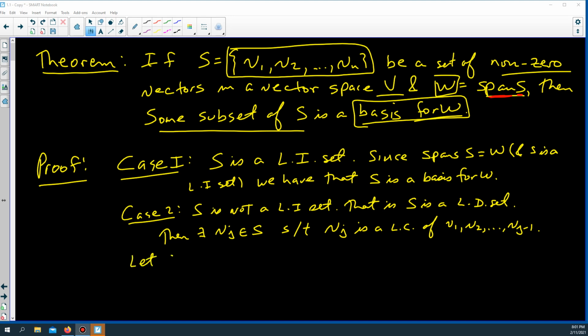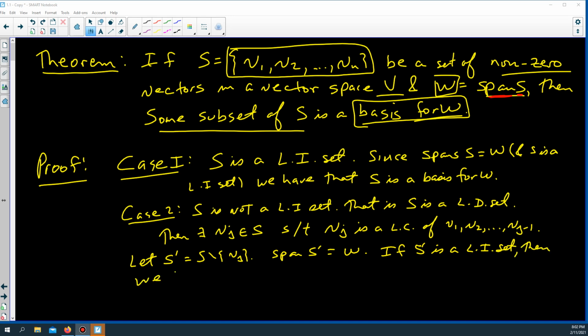So let S prime equal S minus V sub j. The span of S prime is still W. If S prime is a linearly independent set, then we're done.